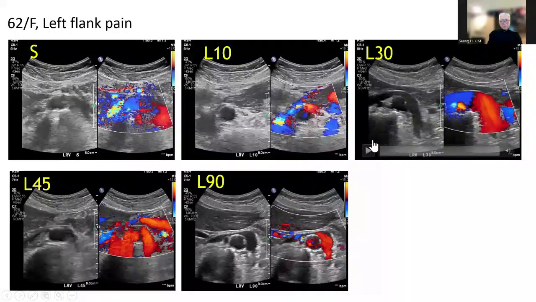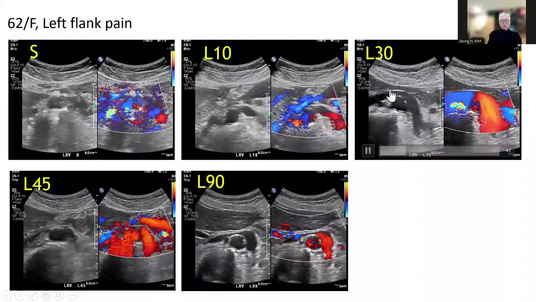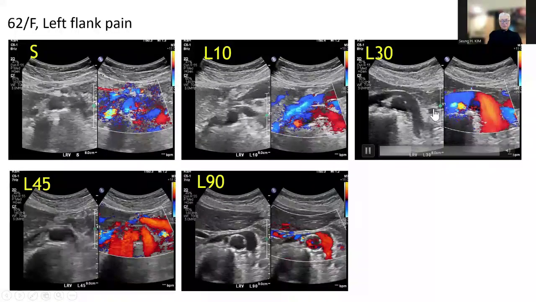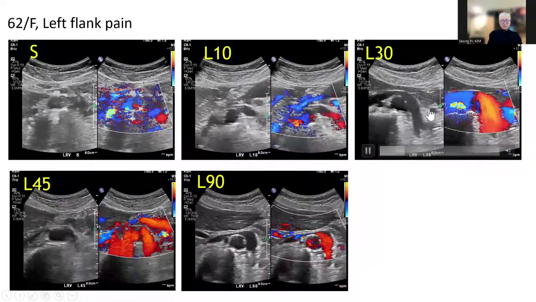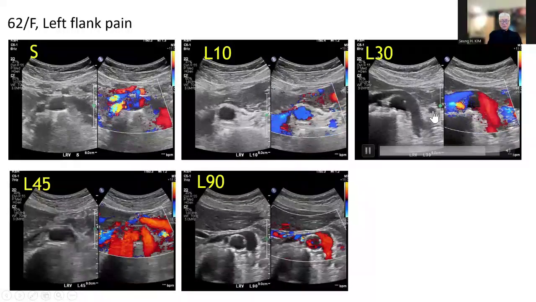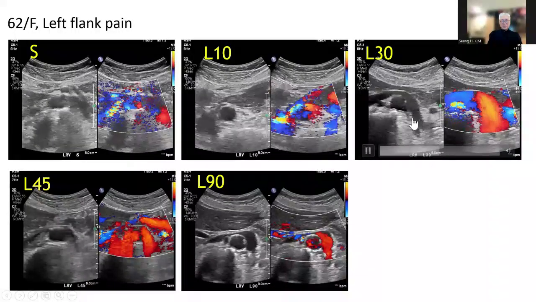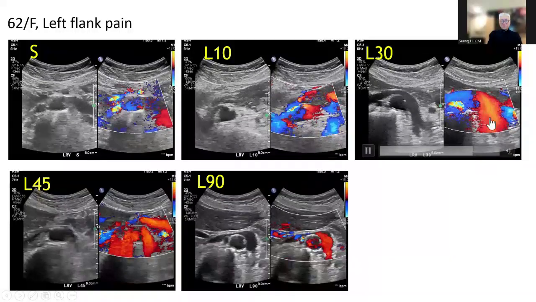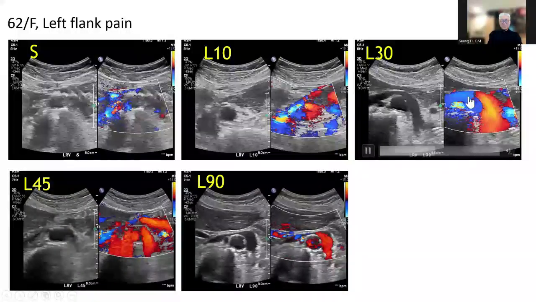If we ask the patient for a 30-degree rotation, the compression is very much relieved, the superior mesenteric artery is here because of the rotation to the left side, and we see continuous smooth flow here.